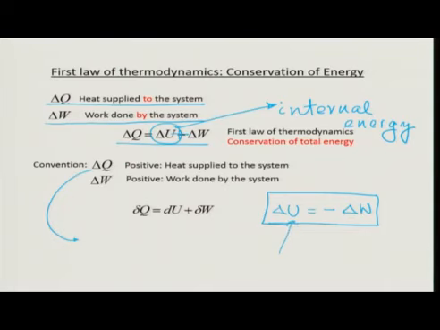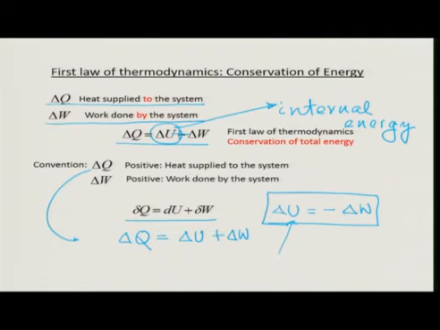So, I repeat the first law of thermodynamics: delta Q is heat supplied to the system, delta W is work done by the system, and again I write it in the form written here, that is delta Q is equal to delta U plus delta W.